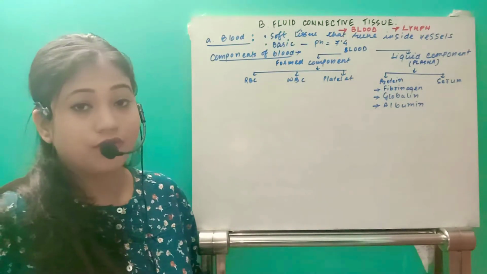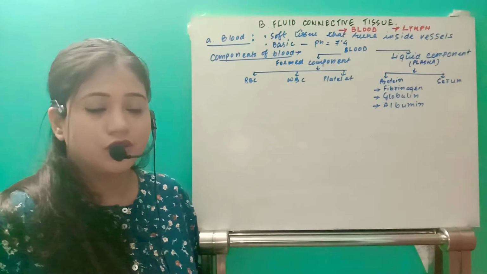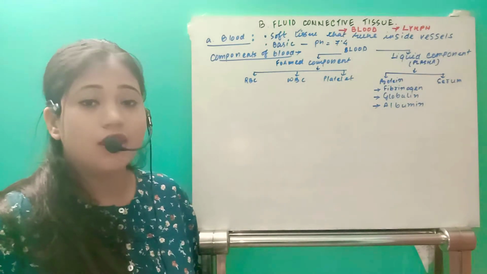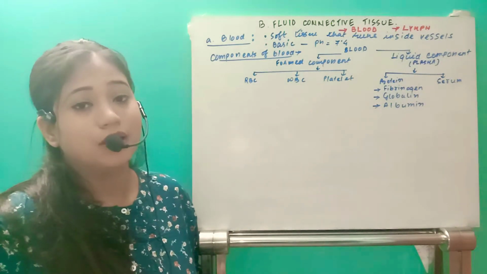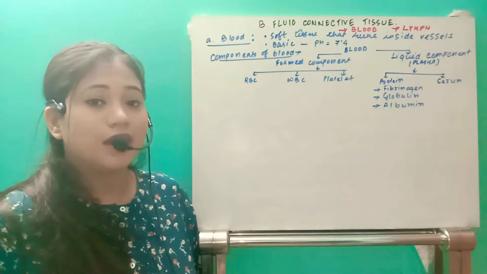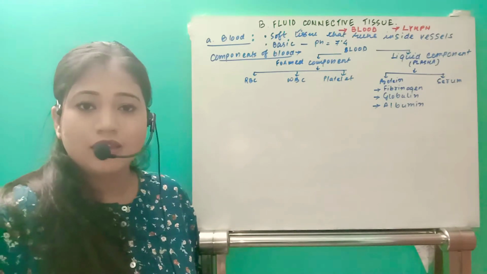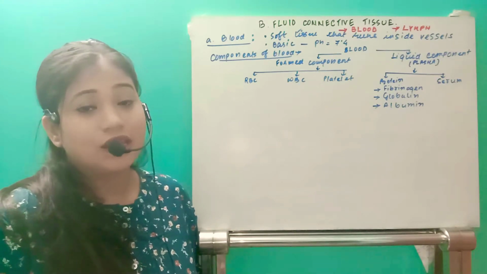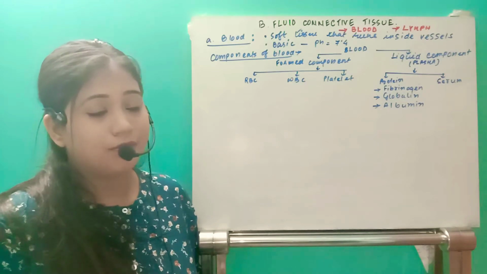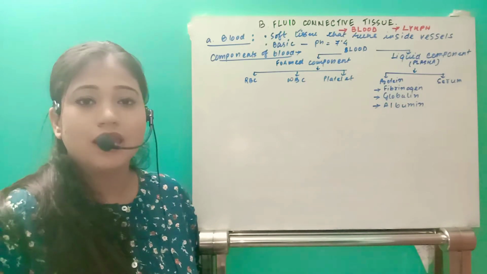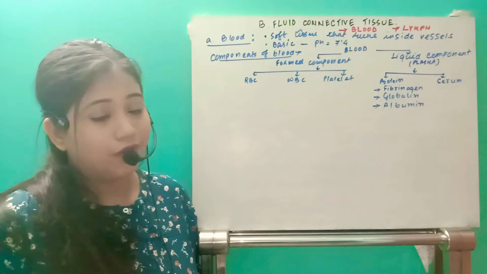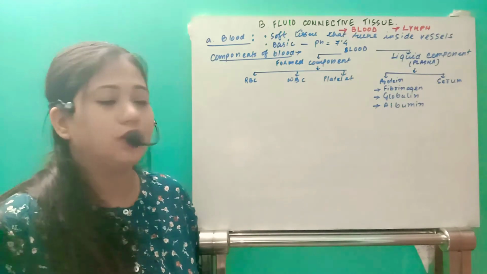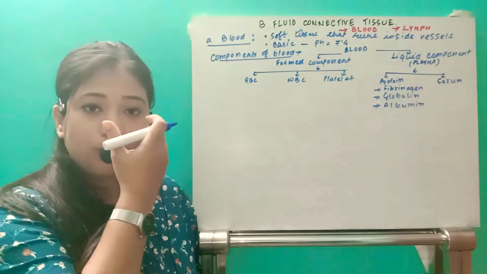If it comes to fibrinogen, what is its function? Fibrinogen basically helps in blood clotting. Whenever the blood comes out of the blood vessel, suppose due to any cut, then after some time the blood will coagulate. Why does this happen? Because of fibrinogen.